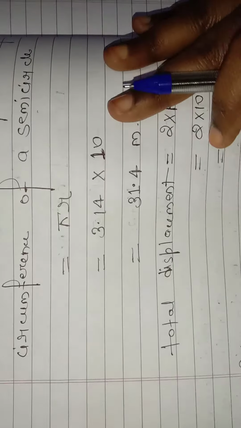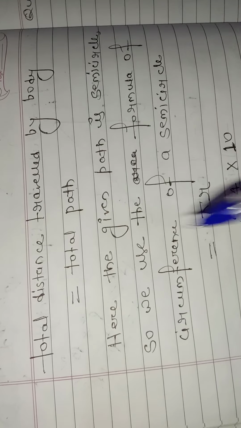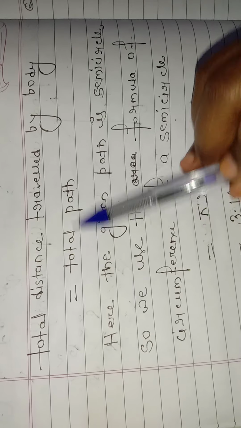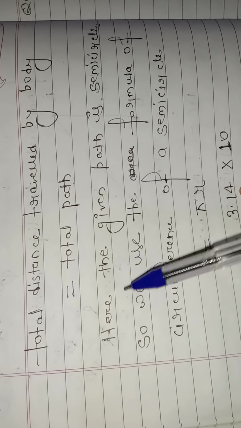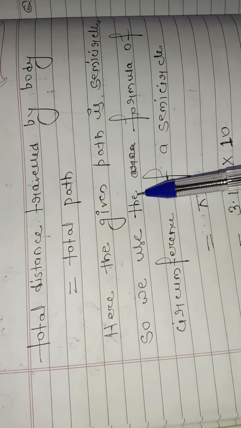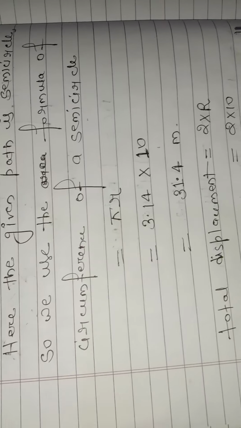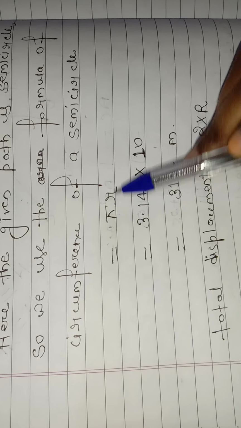Now see, the total distance traveled by a body is equal to total path. Here the given path is semicircle, so we use the formula of circumference of a semicircle. And what is the formula of circumference of a semicircle? Pi into r.